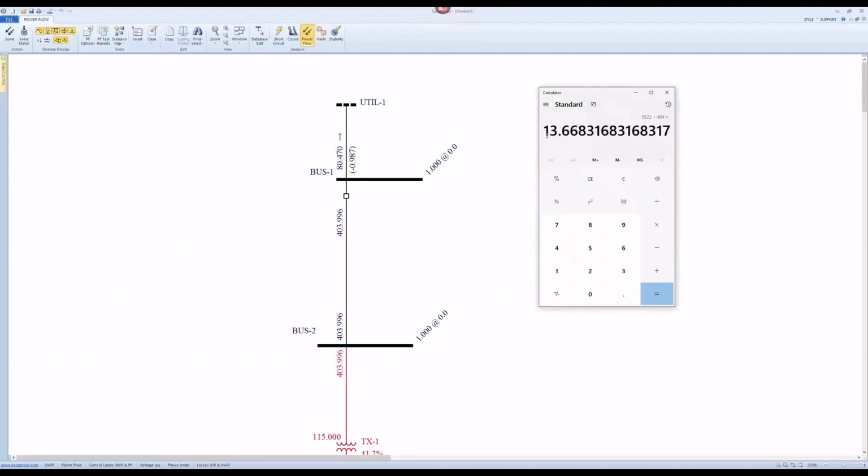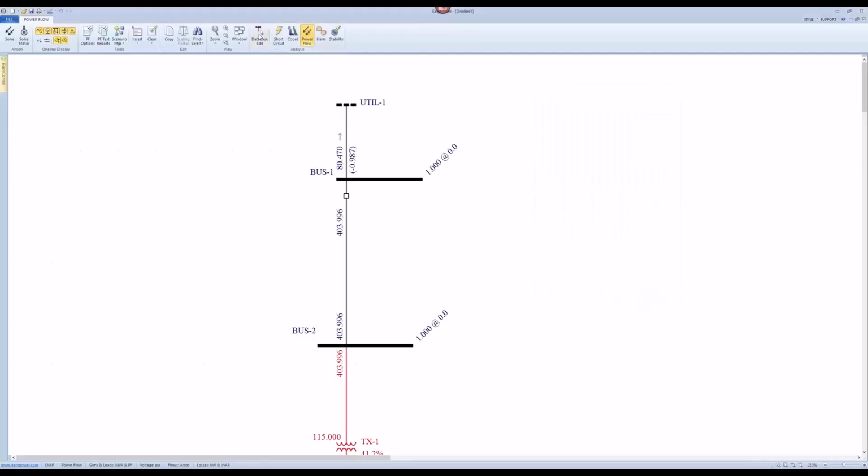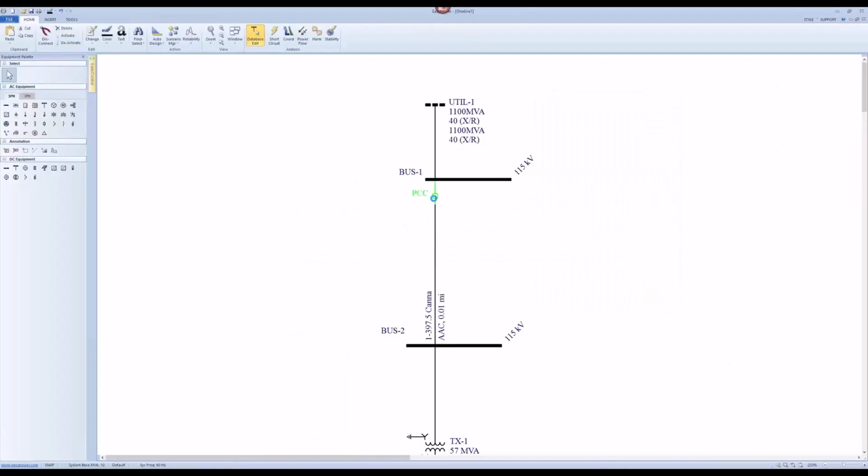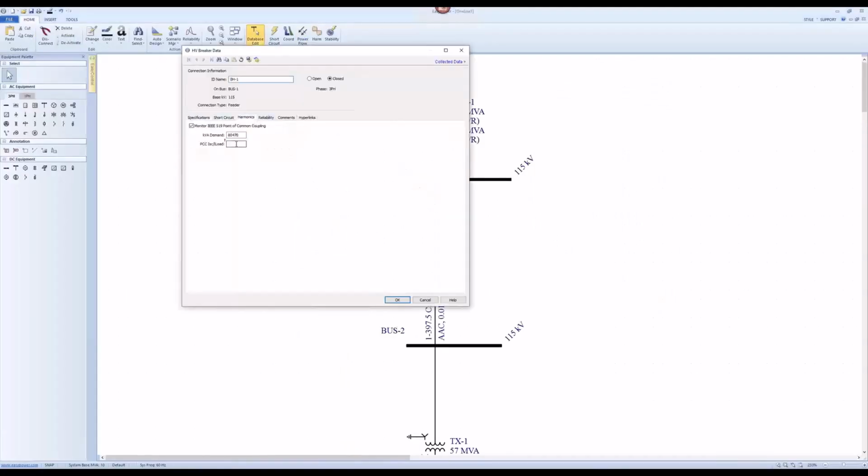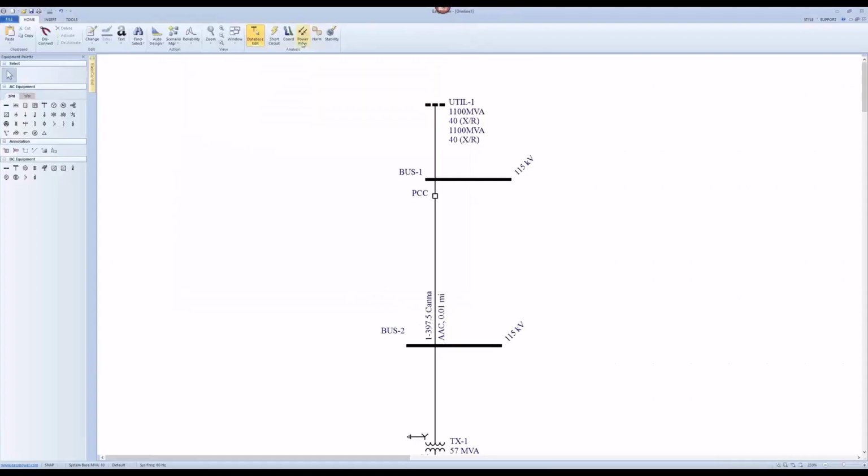So my short circuit ratio is about 13.6667, right? Okay, I got my short circuit ratio, and then I want to go back. My PCC harmonics injection short circuit ratio is about 13.668, right? That's all I need.